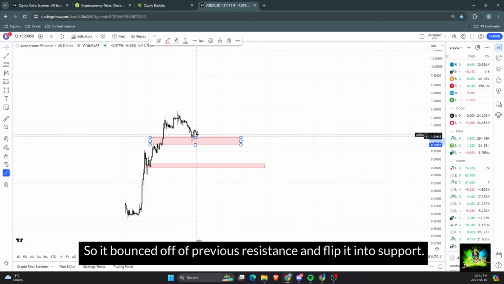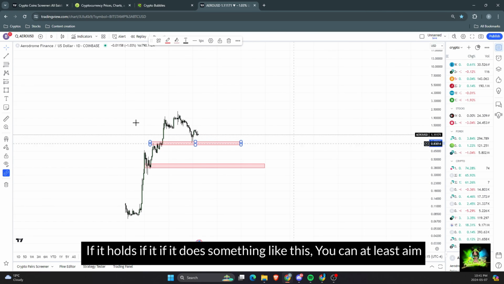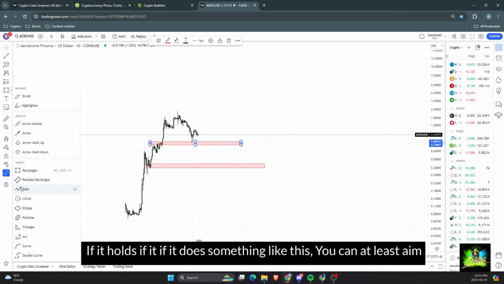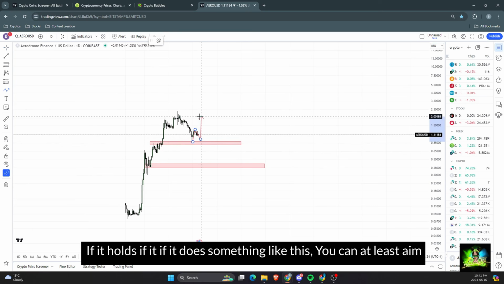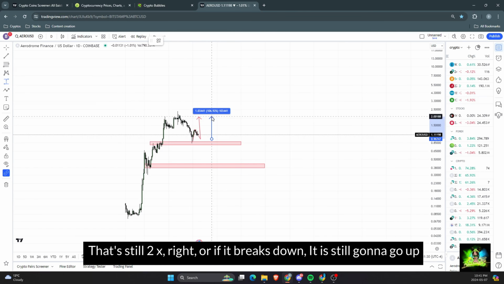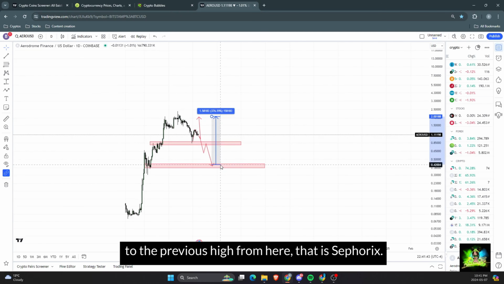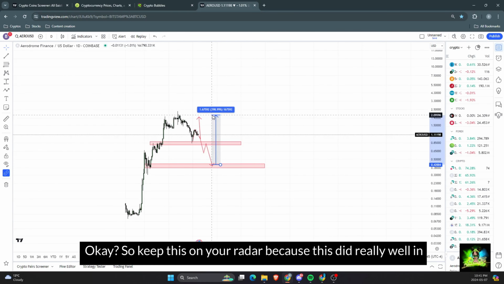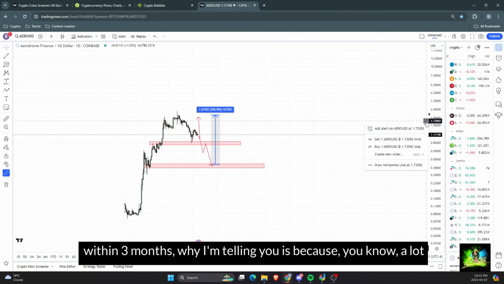So it bounced off of previous resistance and flipped it into support. If it holds, if it does something like this, you can at least aim for the previous high. That's still 2x, right? Or if it breaks down, it is still going to go up to the previous high from here. That is a 4x. Okay, so keep this on your radar, because this did really well within 3 months.